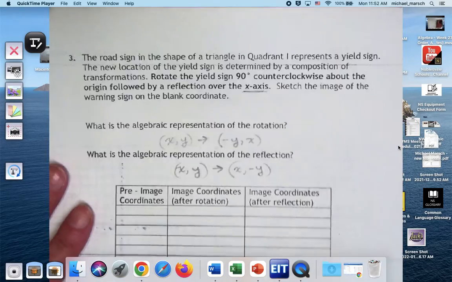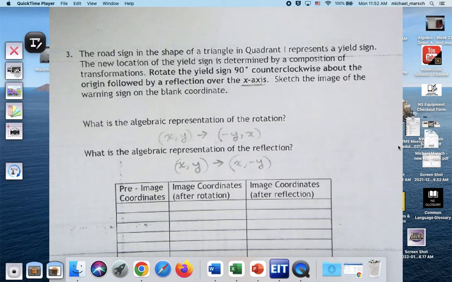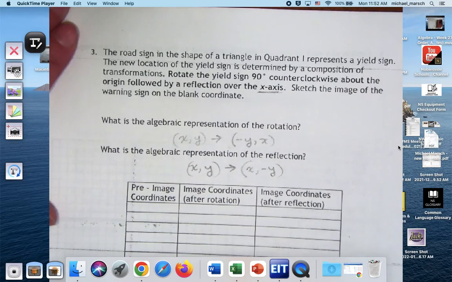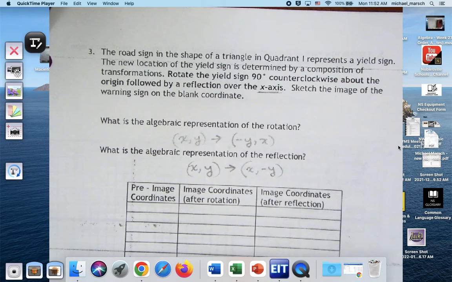I always start top right and work my way around, so I'm going to do that for both of them. Top right is the one closest to the top right corner. Is it 4 and 8? It's going to be 9, 9.